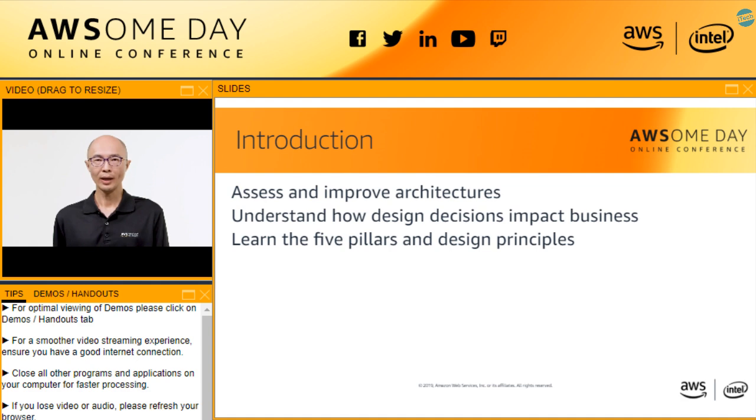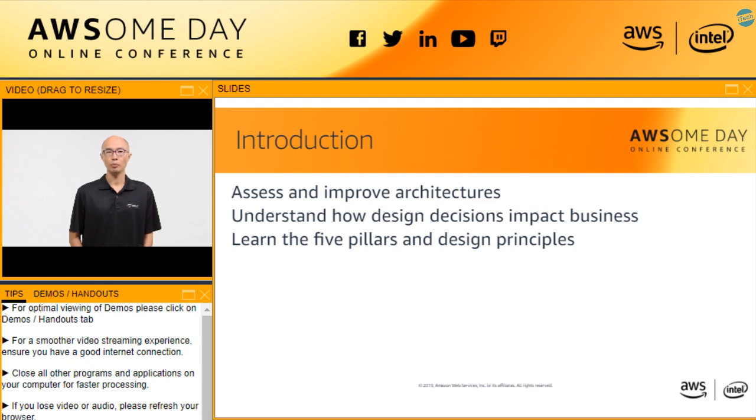The AWS well-architected framework helps customers assess and improve their own architectures, all while getting a better understanding of how their design decisions can impact their business. AWS experts have developed several questions to help customers analyze and critically think about their architecture.